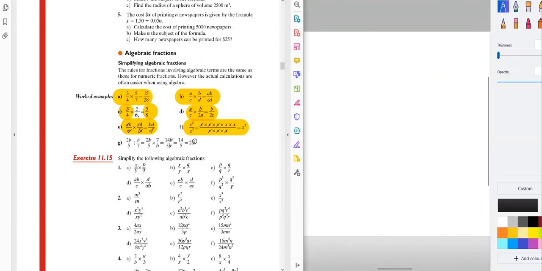And then you can see from here, if you have the same unknown with different powers, the concept of indices applies. If you divide, you subtract the powers, 5 minus 3, that's why you get x to the power 2. And when it comes to the divide symbol, as in fractions, we need to flip the second one.